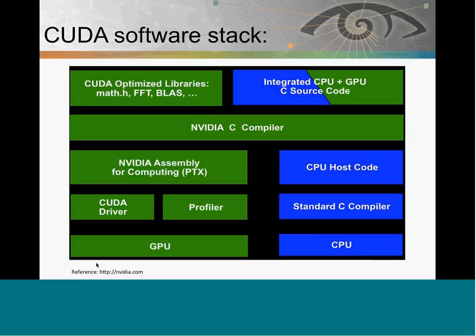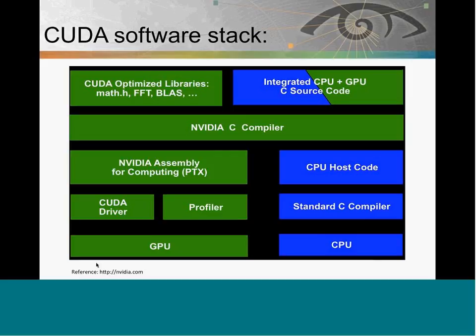After that, you have the NVIDIA C compiler, which compiles the code into NVIDIA assembly language, PTX, parallel thread execution assembly language, and converts your CPU code into CPU host assembly language.